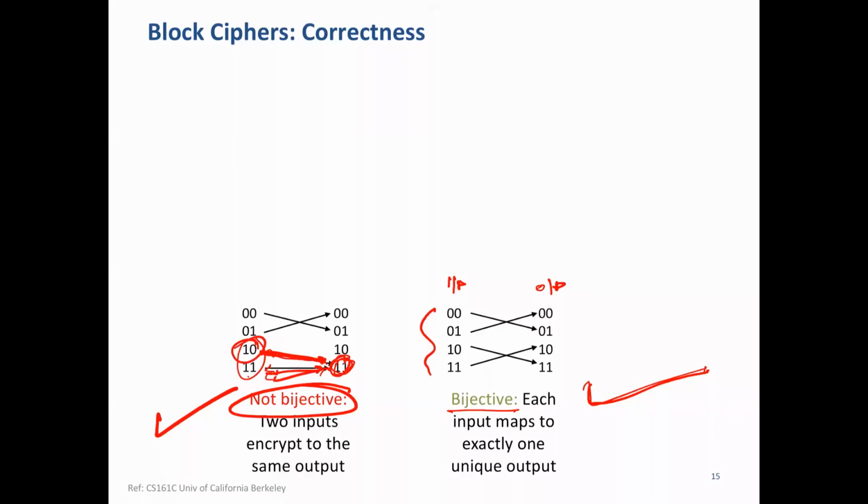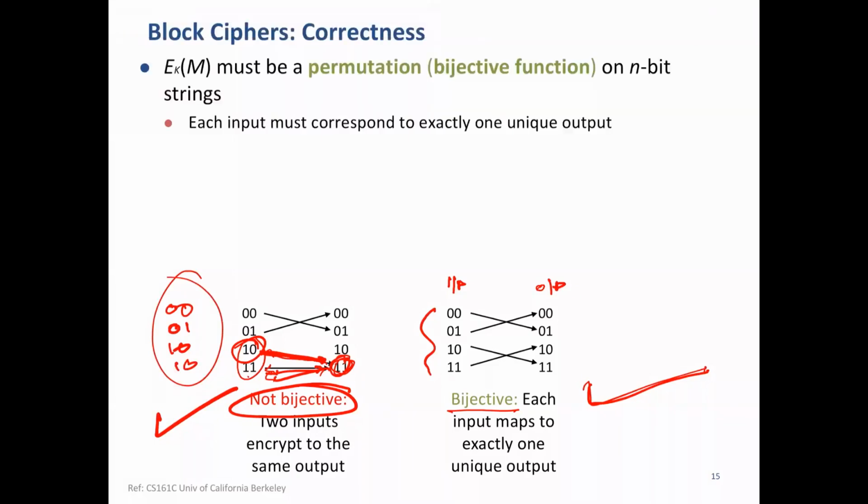So now your input in decryption becomes 1 0 instead of 1 1, or it can take up 1 0 again, or anything like that, right? So it's not unique. So it has to be a bijective function.